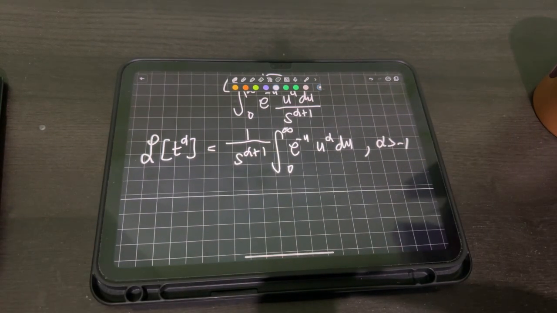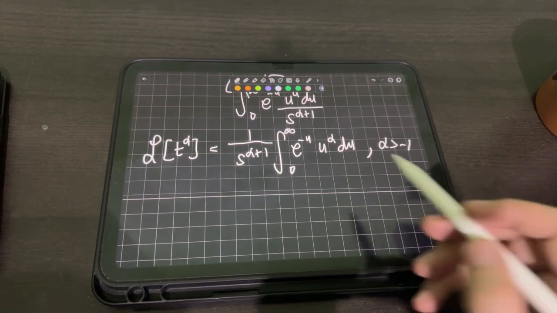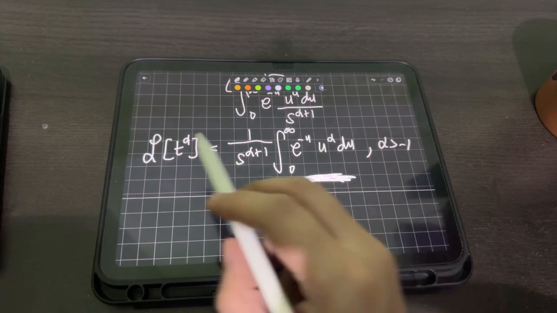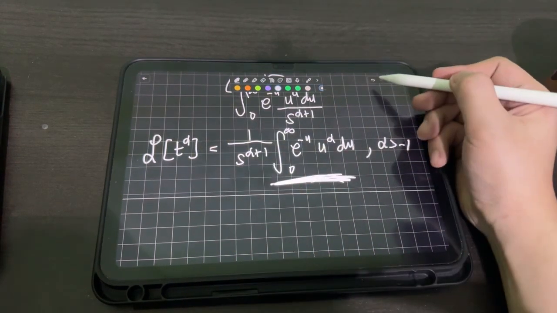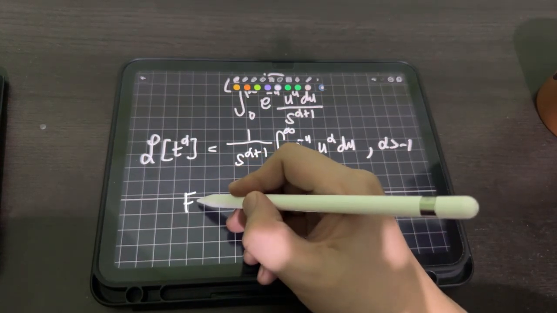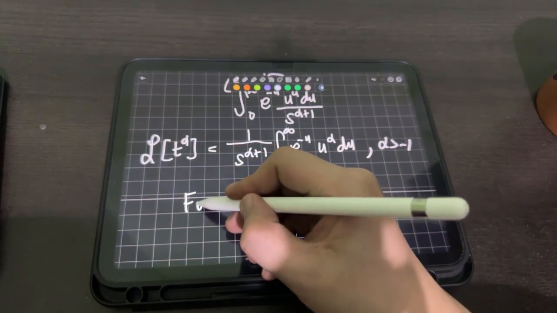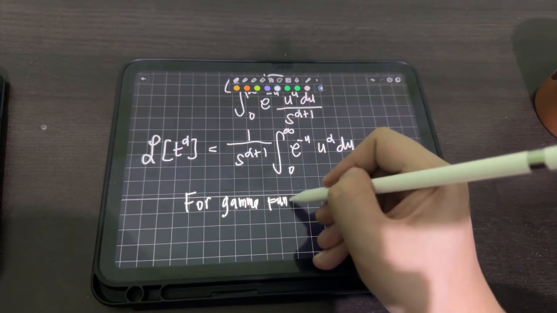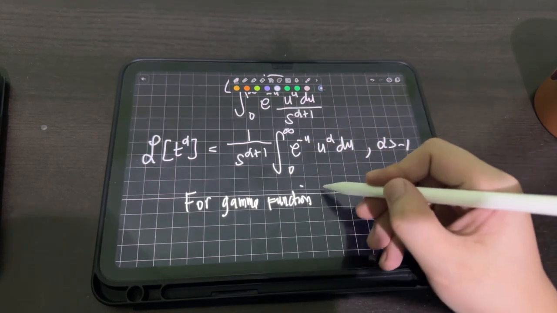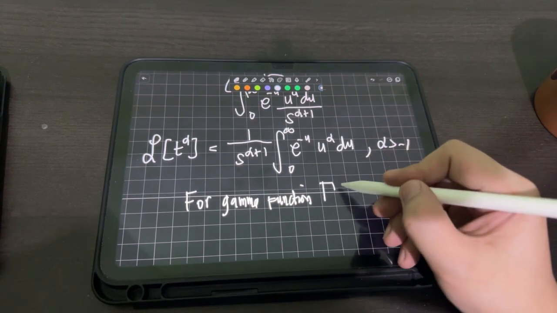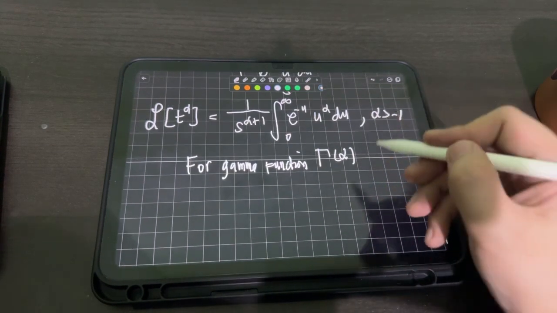So to have a better formula, instead of having an integral here for the Laplace transform of t to the alpha, let's apply the gamma function. So if you're not aware, we have the so-called gamma function. Let's denote it by this symbol, the gamma function of, let's say, alpha.